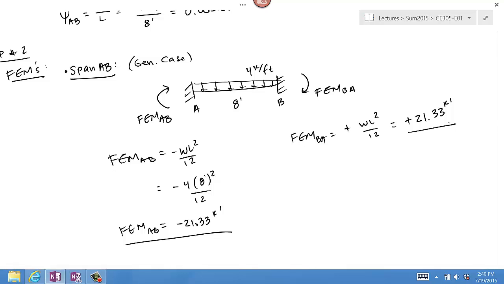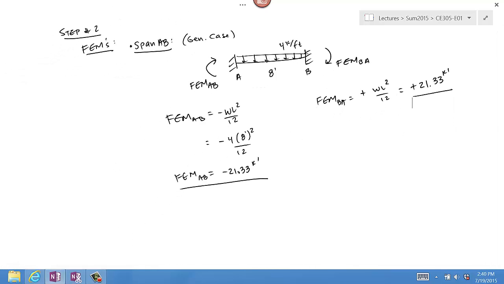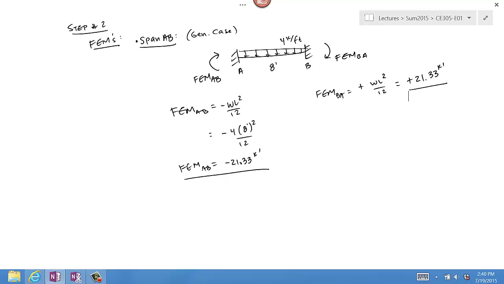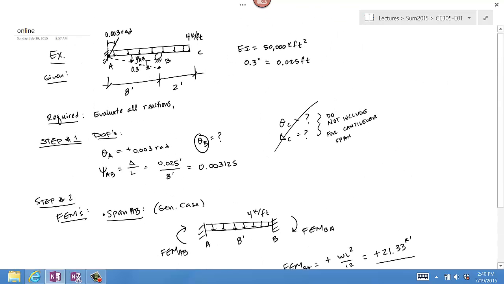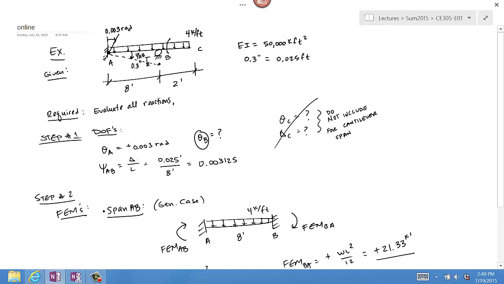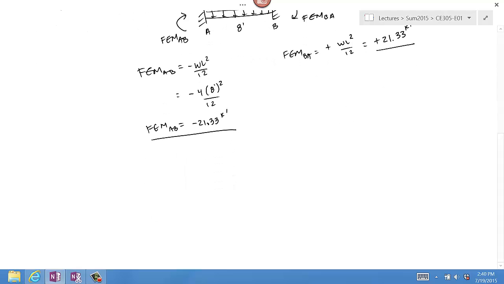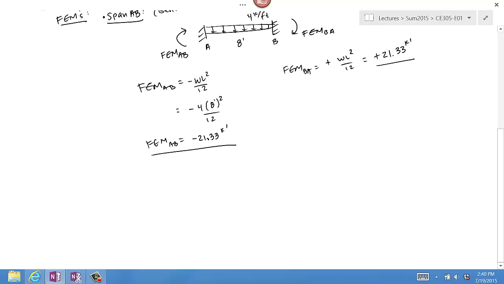We don't have to consider span BC because, again, it's a cantilevering span, so we don't need to define a fixed end moment. We already know what the true final moment is at BC right here. Well, we'll figure it out using statics anyway. So we're done with all the FEMs that we need in this problem.